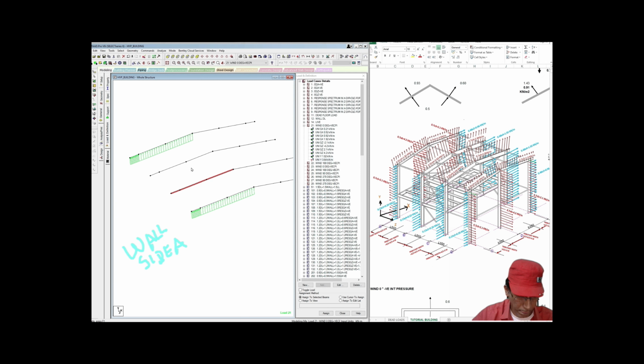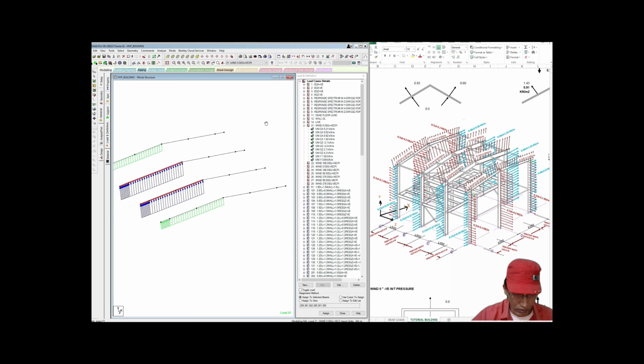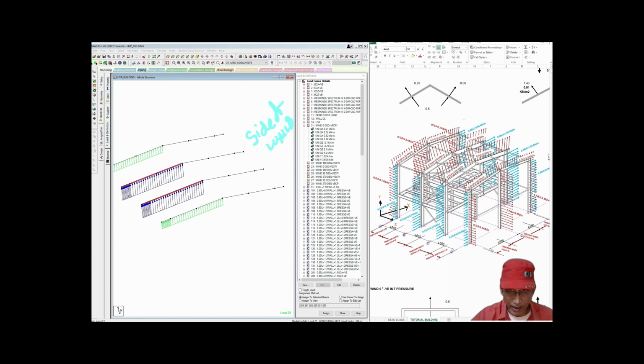Then now let us go to the rafter on the side wall B. This is side of wall B. This is leeward side when the wind is acting at 0 degree to the structure. So let us again add the load.